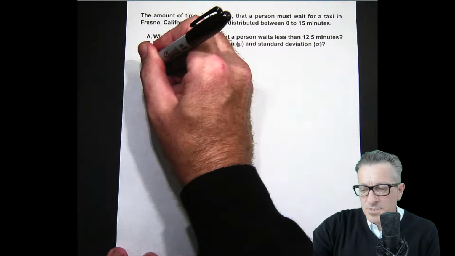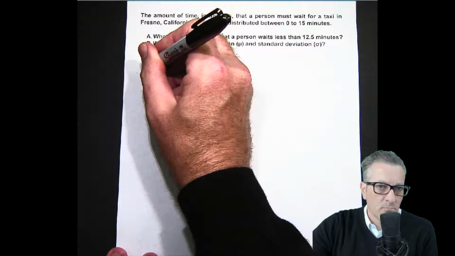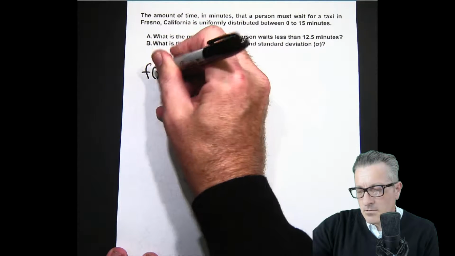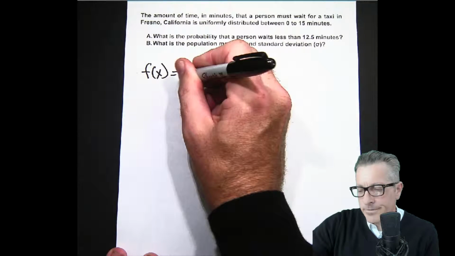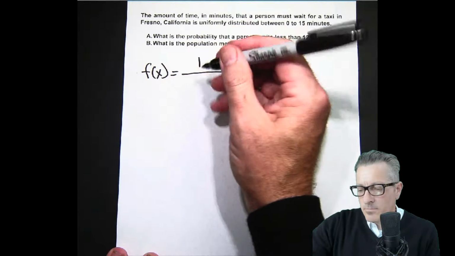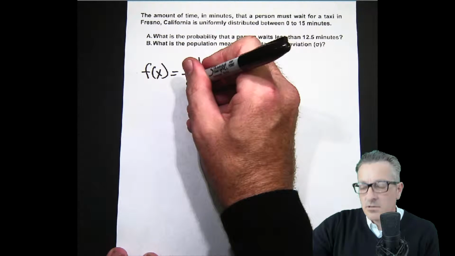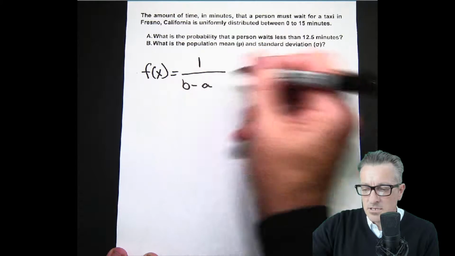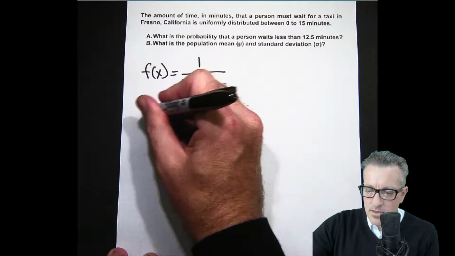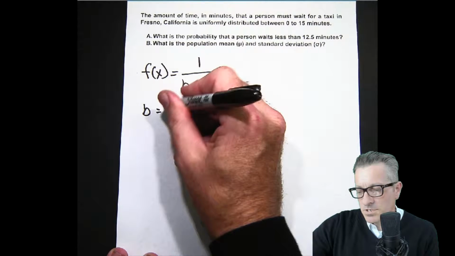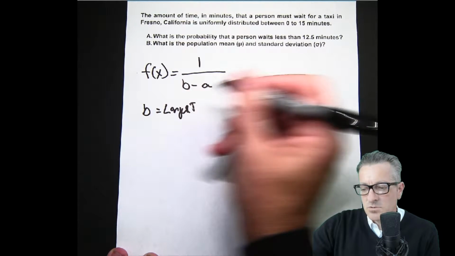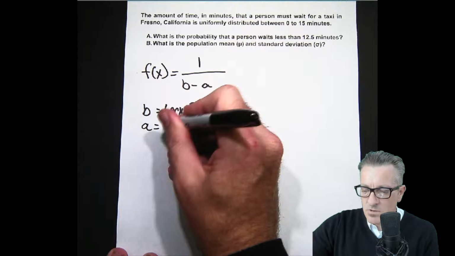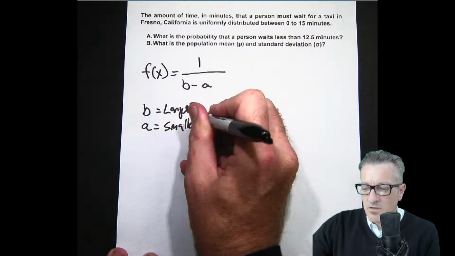The first part is calculating the height. This is the formula we're working with. B is the largest value in the range, and A is the smallest value in the range.